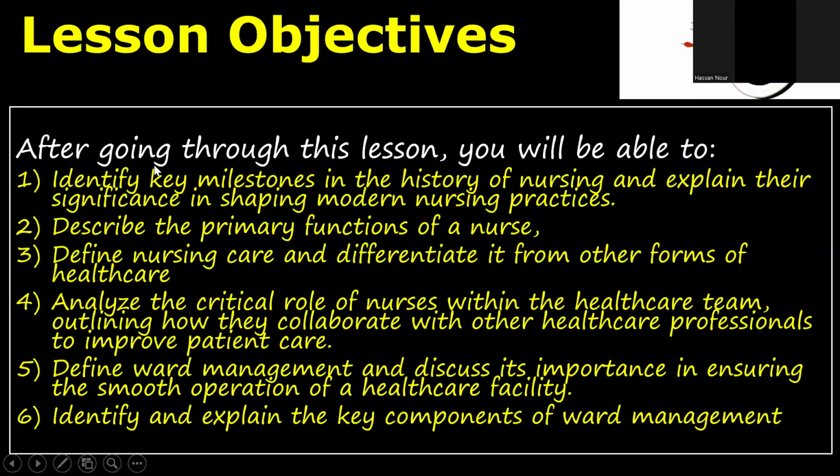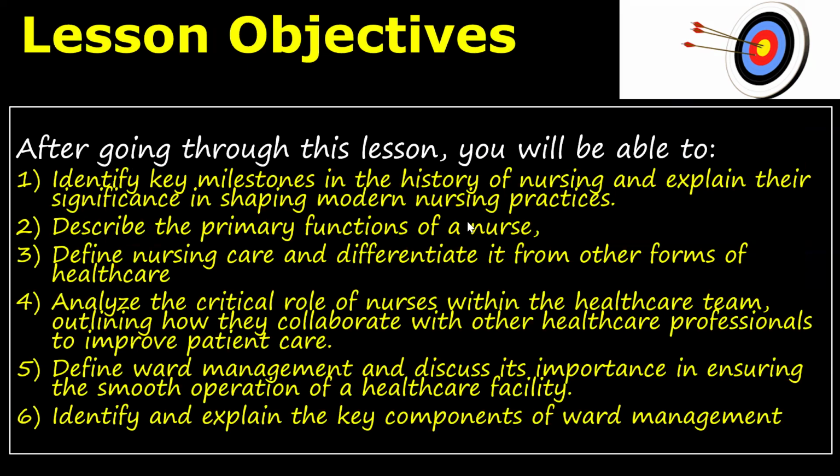So this will be our lesson objectives. That is, after going through this lesson, you will be able to, number one, identify key milestones in the history of nursing and explain their significance in shaping modern nursing practices. Number two, describe the primary functions of a nurse. Number three, you will be able to define nursing care and differentiate it from other forms of healthcare.